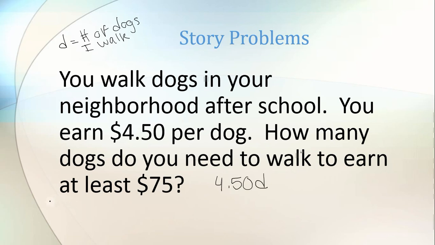Now I want to earn at least $75. So at least, that means at the smallest amount I want 75. So I know this must be greater than or equal to 75. So now I'm good. Now I need to figure out what D is. So I'm going to divide by 4.5.